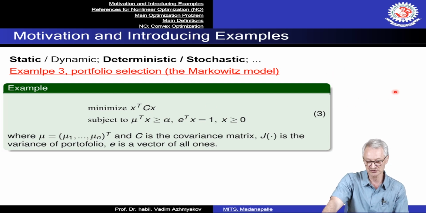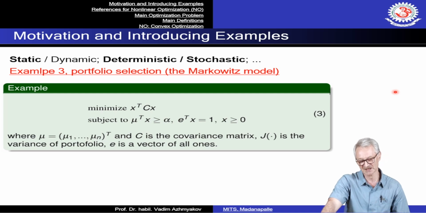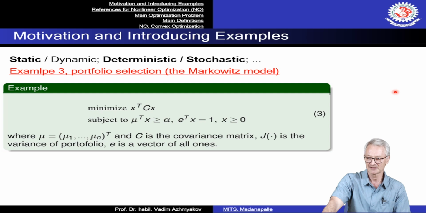And of course, dynamic stochastic optimization has the most reflection and most connection to machine learning, if we think about reinforcement learning and stochastic models in machine learning.